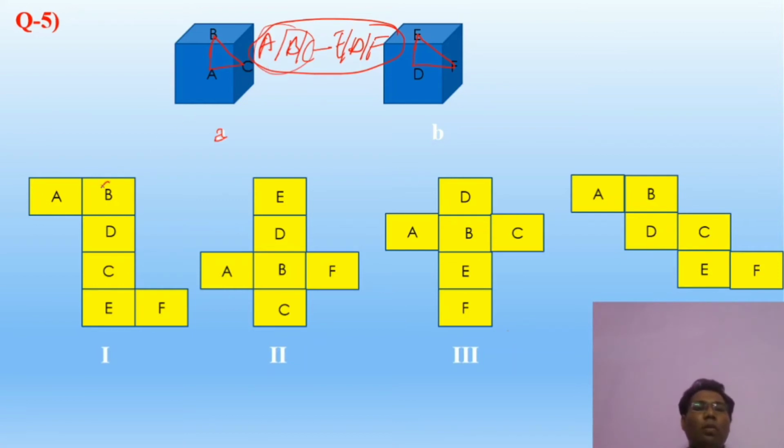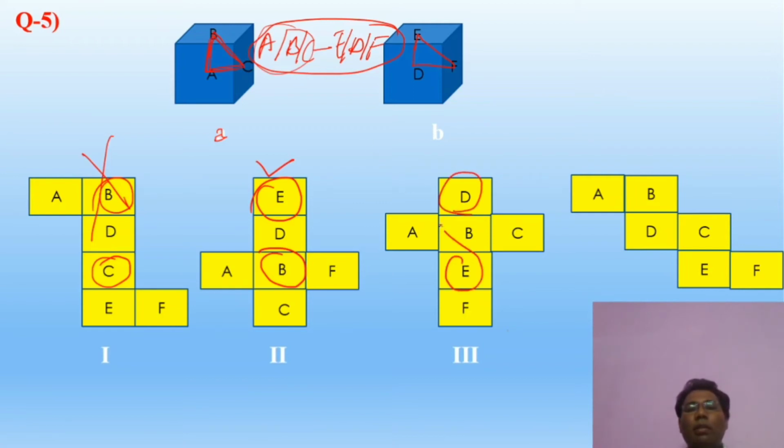So B and C are at opposite positions, but they touch here, they are consecutive, so this is wrong. E and B, possibility is there because they are on the opposite side, and D and E is not possible because they are adjacent to each other, and here it is showing they are opposite to each other.